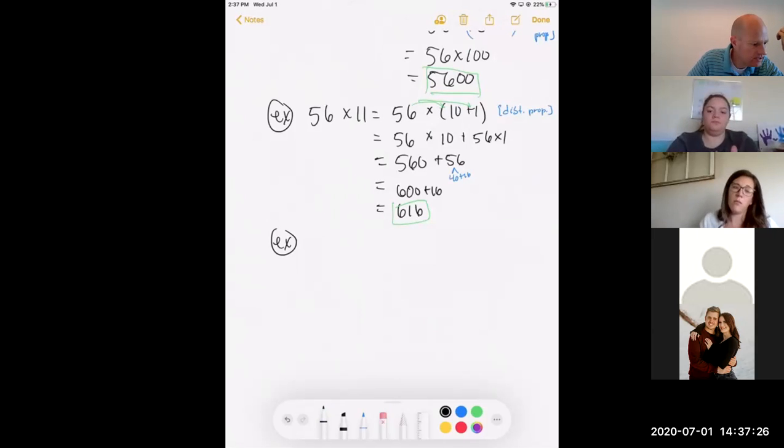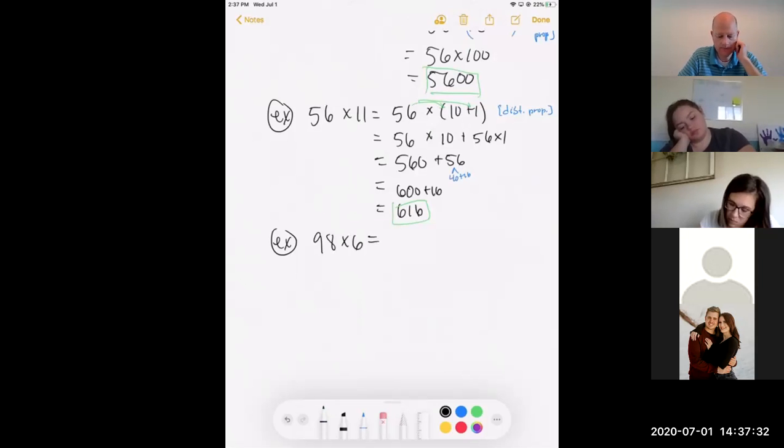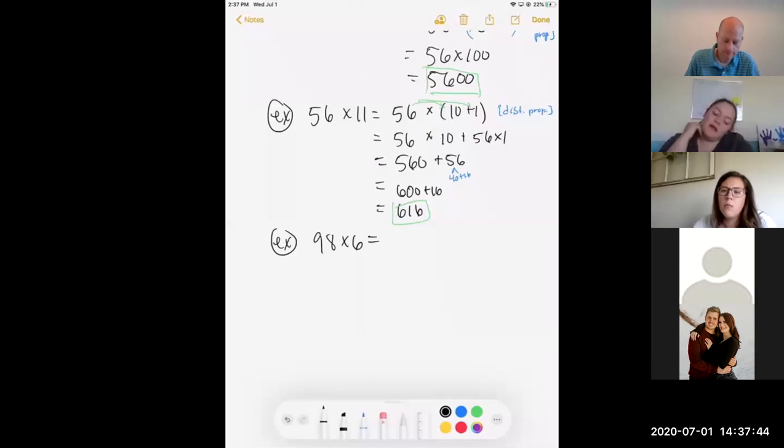The next one, let's do 98 times 6. Okay, mental math. How can we do this one? Could you divide it by 2? Because 2 is easier to multiply and then multiply it by 3.